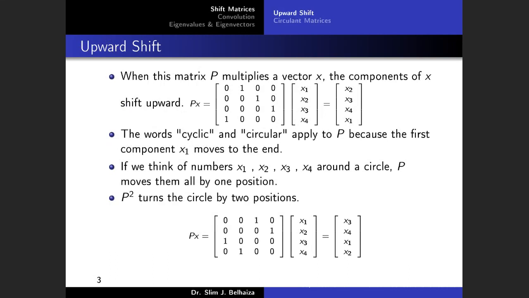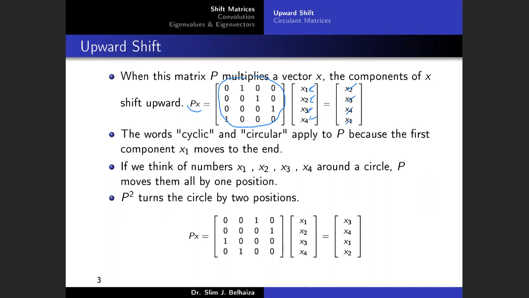First of all, we presented last time what we call the P matrix, which is a shift matrix. If multiplied by a vector x, it shifts the order of appearance of the components of x. You see here that x1, x2, x3, x4 multiplied by P becomes x2, x3, x4, x1.